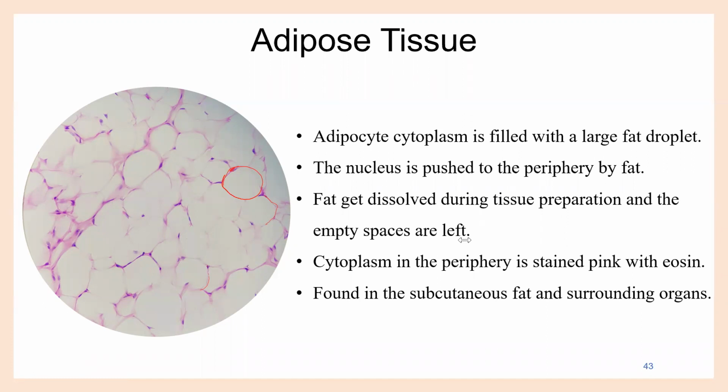There's a peripheral thin rim of cytoplasm and a peripheral nucleus. So this is adipose tissue. And then you might be asked, what is the function of this tissue? So you will say, it is found in the subcutaneous layer, it is a storage of fat. It also helps in temperature regulation, and it helps to protect different organs, something like that, right?